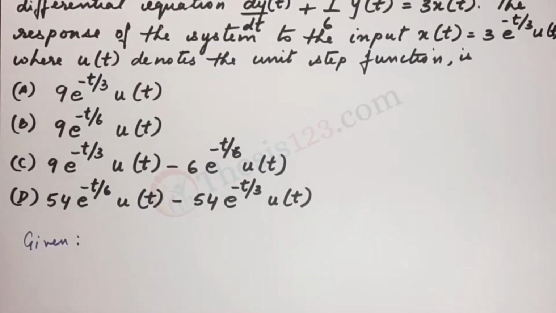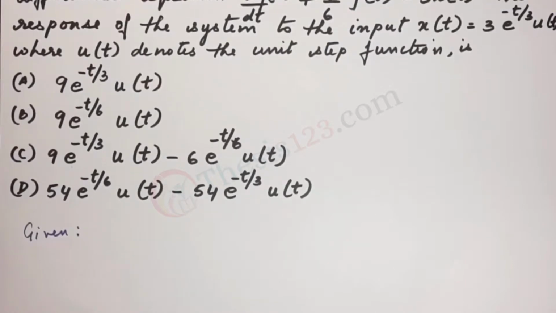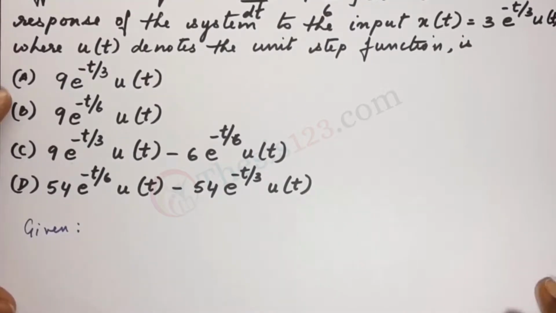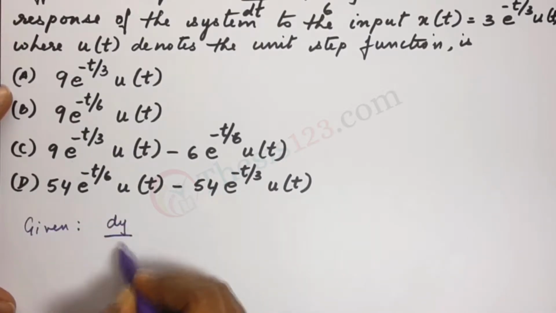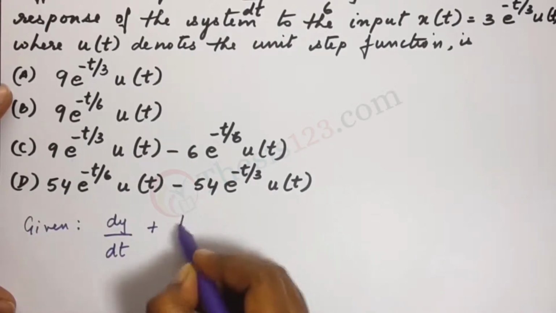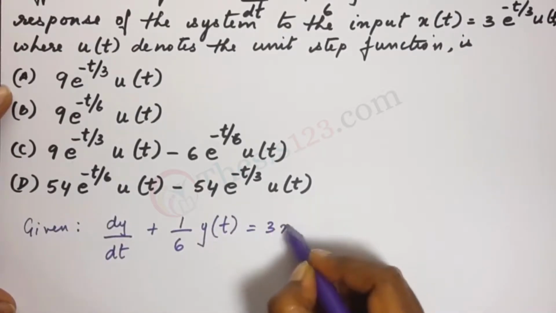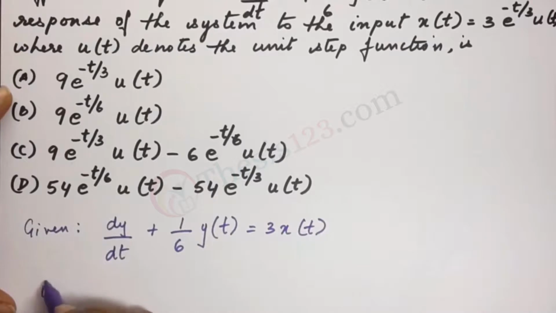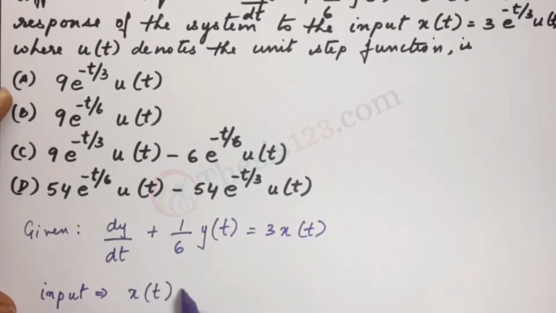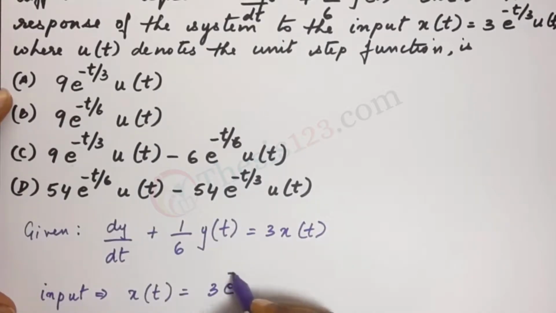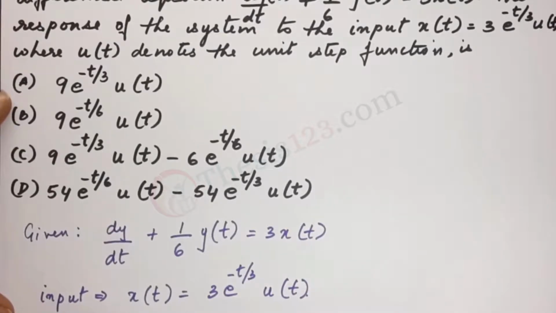Here the system has been characterized by the differential equation. So let's just write down what the given equation is. That's dy/dt + (1/6) y(t) = 3x(t). And the input is given to us as x(t) = 3e^(-t/3) u(t).